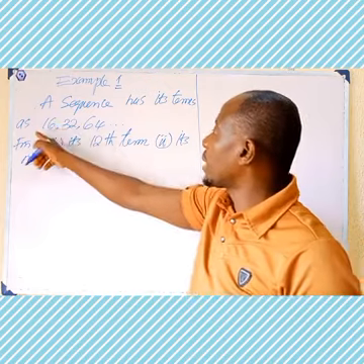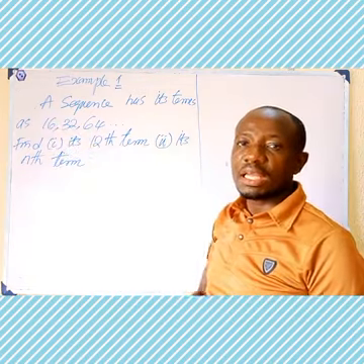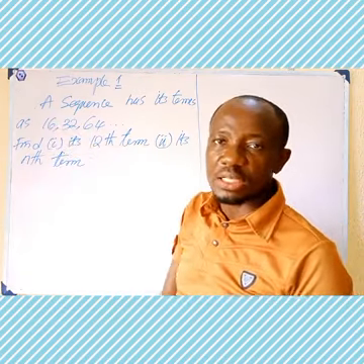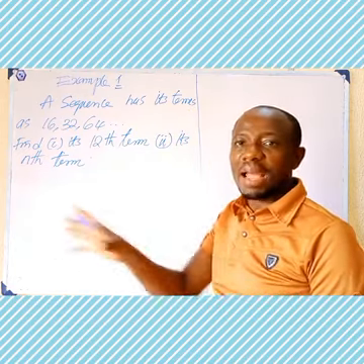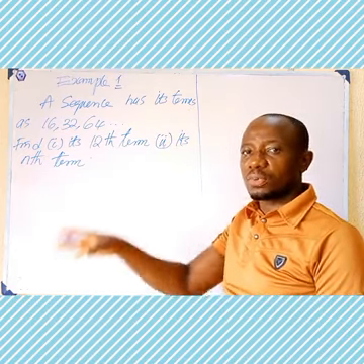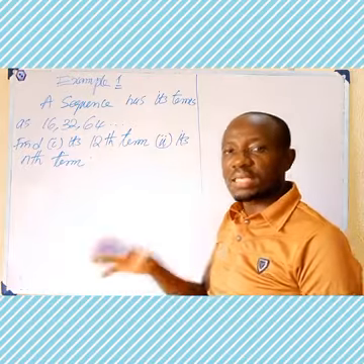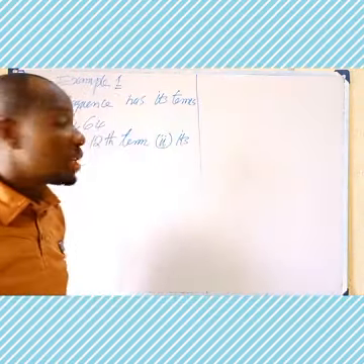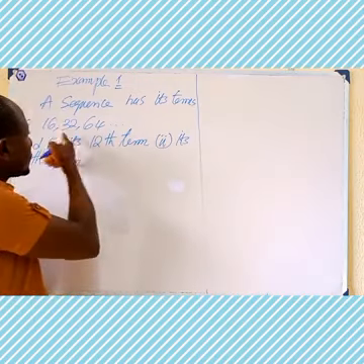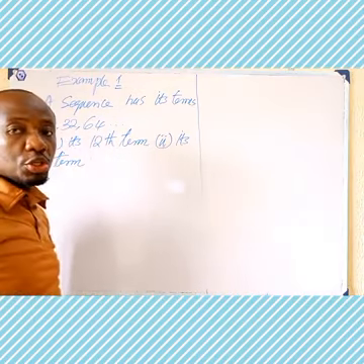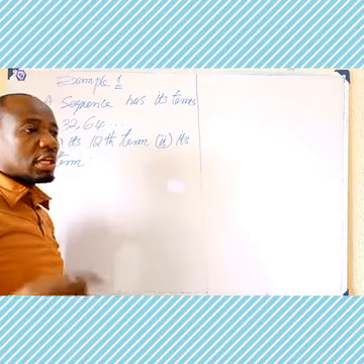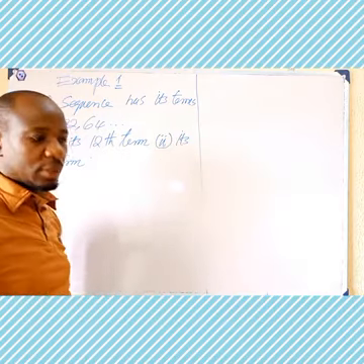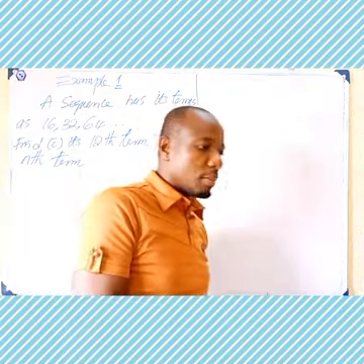So when you look at the sequence, you look at the order. Is it going by multiples of a constant, or is it going by just adding a constant to that particular sequence to obtain the next number? So that is how to differentiate between an AP or a GP problem using either multiplication or addition. It can be multiplication, it can be division, it can be addition and subtraction.